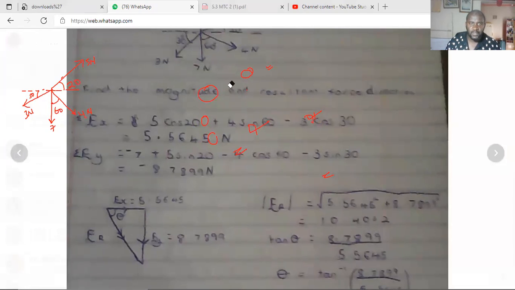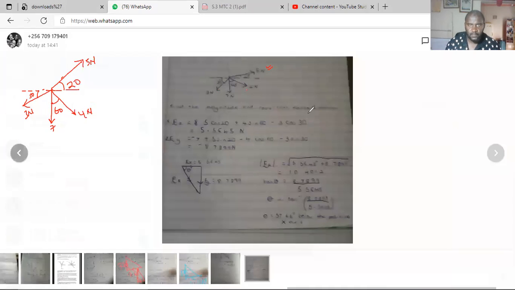The statement was correct, that first statement. Then the statement of 5 sine 20 minus 4 cos 60 minus 3 sine of 30.